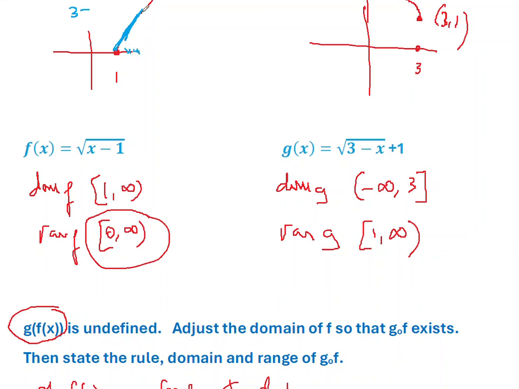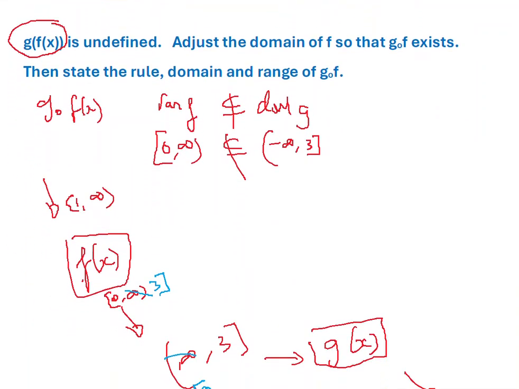These are the x values that I want to give me a height of 3. So I have 3 equals the square root of x minus 1, 9 equals x minus 1, x equals 10. That's going to be 10, which means that my x values can go from 1 to 10 inclusive.